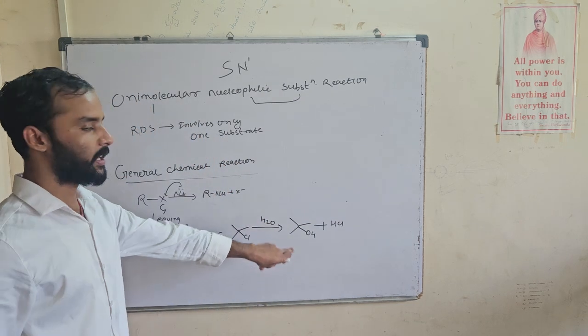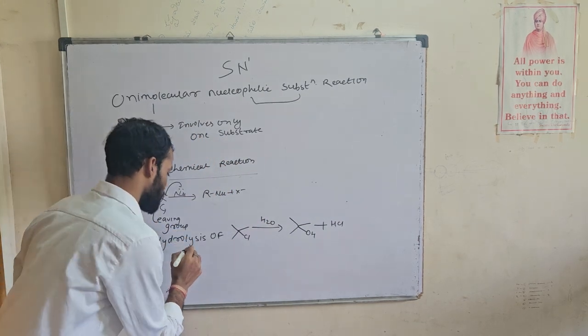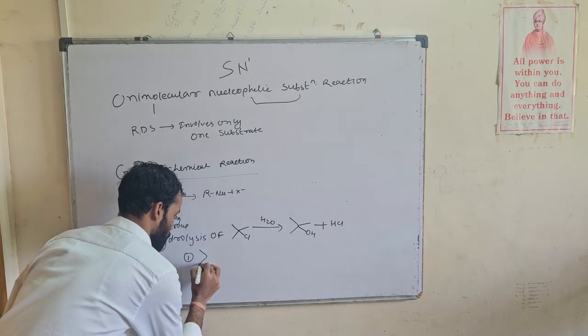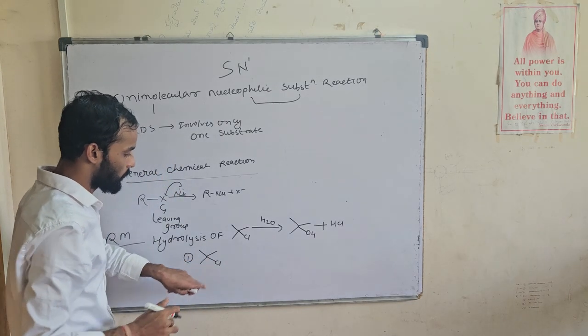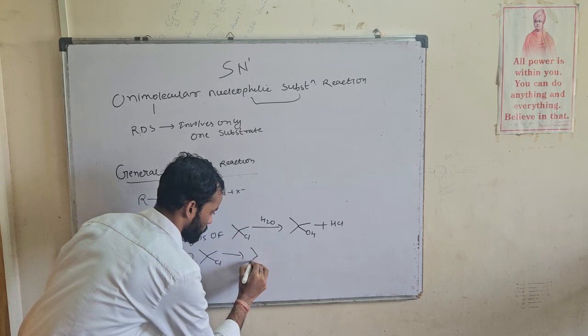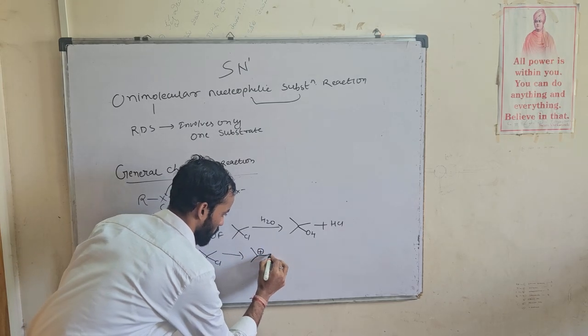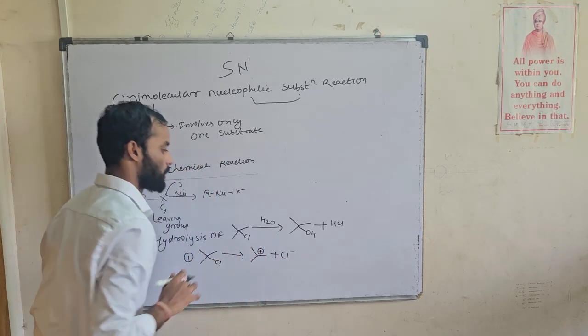This conversion will involve two steps. First step is formation of carbocation through dissociation of the C-Cl bond with the elimination of Cl minus.